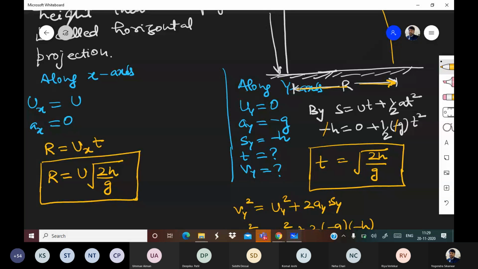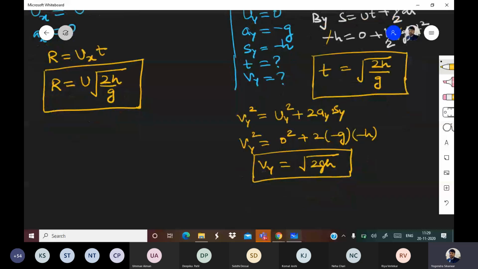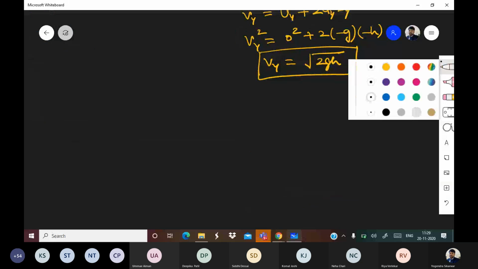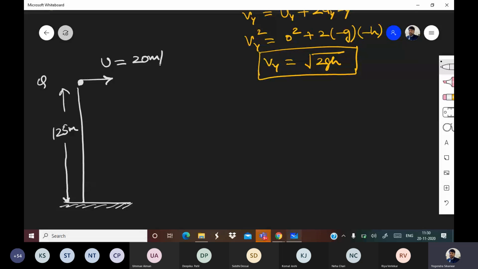Understood? Good. Let me give you a question now. The height of this tower is 125 meters, and this is projected with a speed of u is equal to, let's say, 20 meters per second.